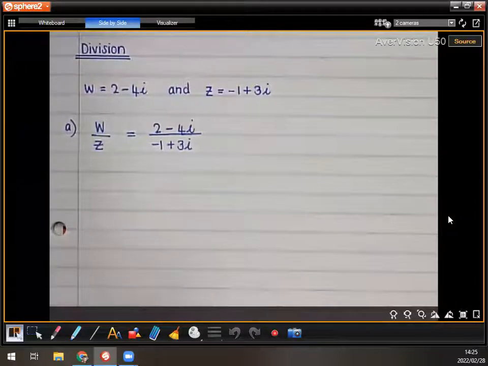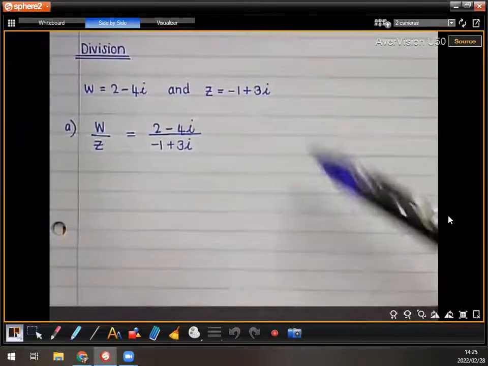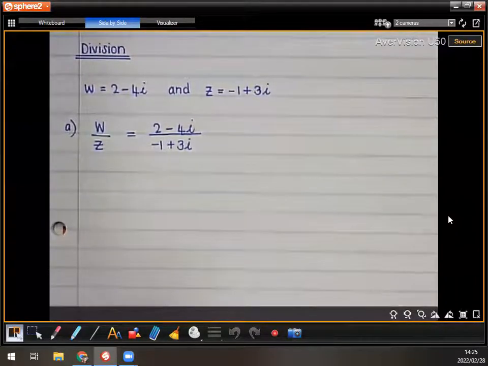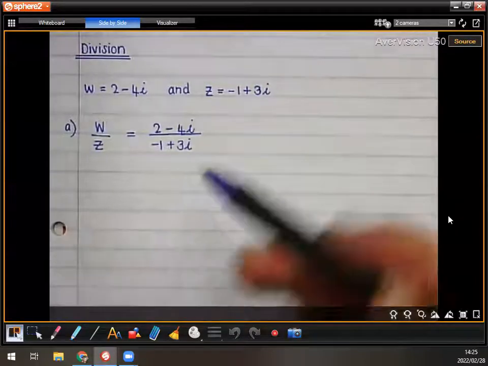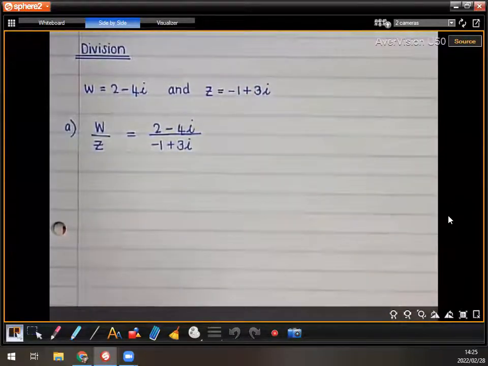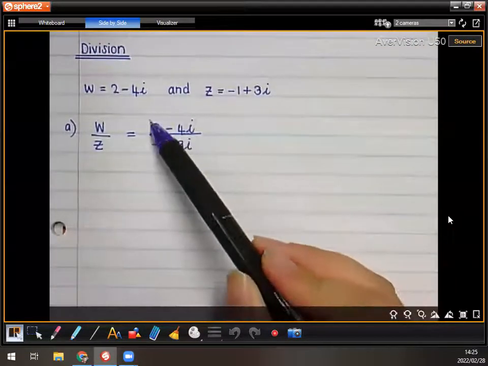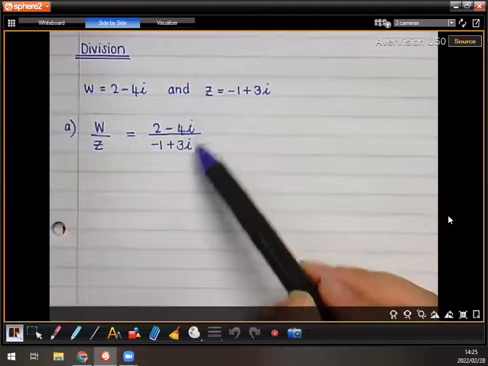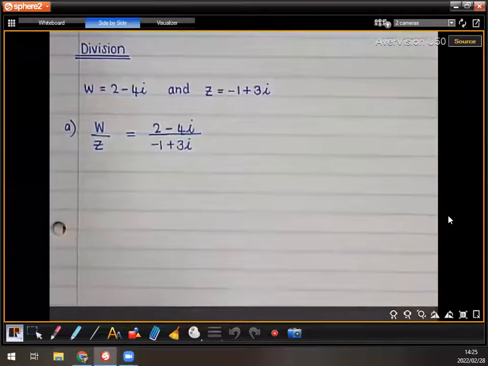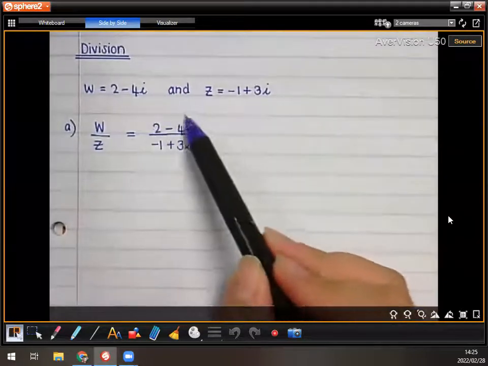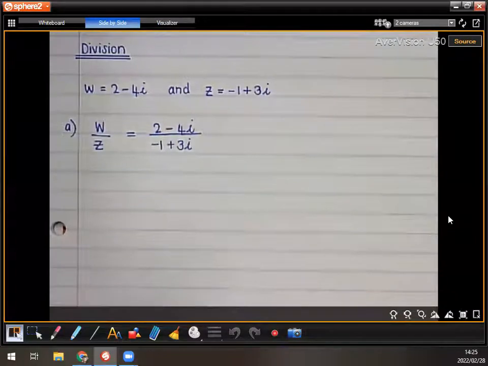But what I want you to recognize is that we have 2 terms over 2 terms, meaning that we can't just divide the real part and the imaginary part. Unfortunately, that's not going to work in this case, because if you are dividing 2 terms by 2 terms, you're supposed to divide both terms at the top by both terms at the bottom.